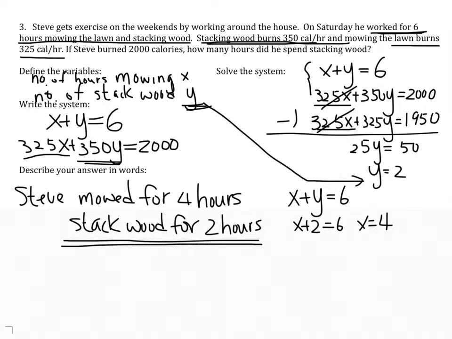Of course, you can find the number of hours mowing lawns. x plus y equals 6, so x equals 4. That means he mowed the lawn for 4 hours. If you name your variables correctly, then you should be able to answer the questions easily.